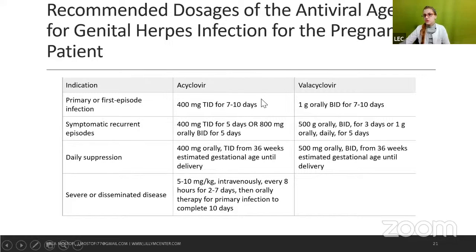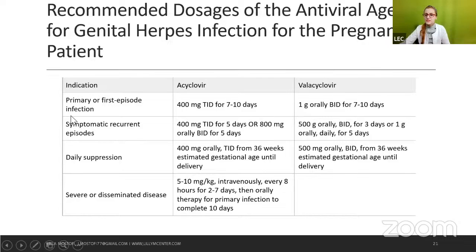What about the recommended dose for a pregnant patient? If she is in the first episode of infection, the primary phase, the first choice is acyclovir 400 milligrams TID for 7 to 10 days, and valacyclovir is 1 gram orally BID for 7 to 10 days.